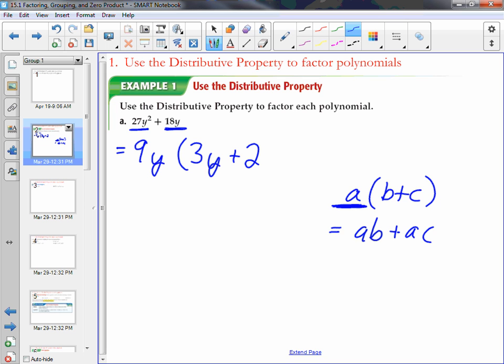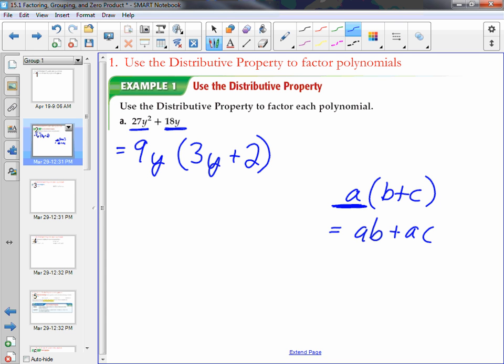Not 0. It's 1. It's y to the 0, or it's 1. Do I need to put y to the 0? No, because what does y to the 0 equal? 1. Do I need to put times 1? No, because that doesn't do anything. And we have factored this using the distributive property.